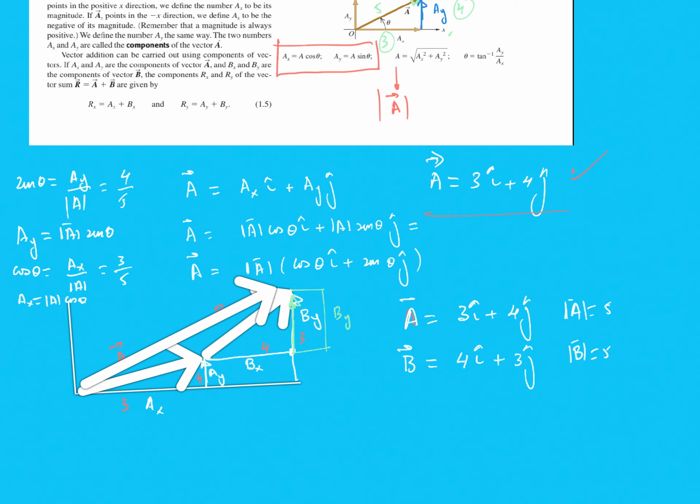This big vector is 3 and 4, 7 units to the right in the x direction, plus here I have 4 and here I have 3, 7 units in the j direction.